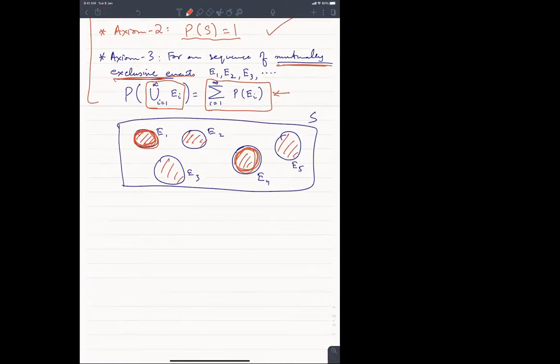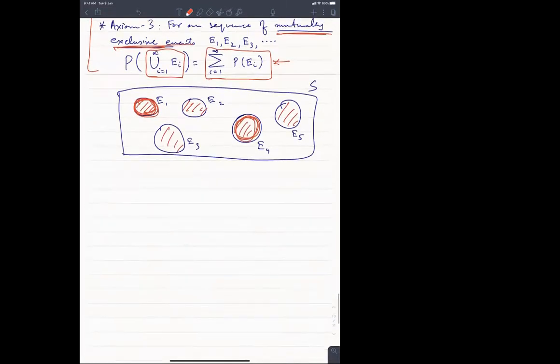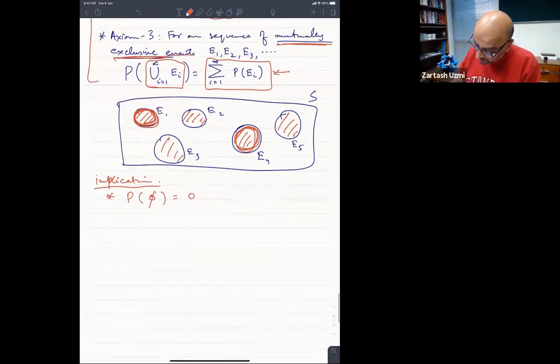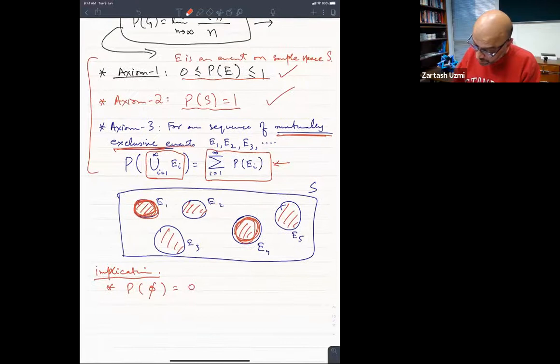Okay, thank you. Now a couple of implications. What is an implication of these three axioms? The first implication is that probability of null set is 0. Probability of null set is 0. There is a proof of this as well. By the way, axioms have no proof, because these are axioms.